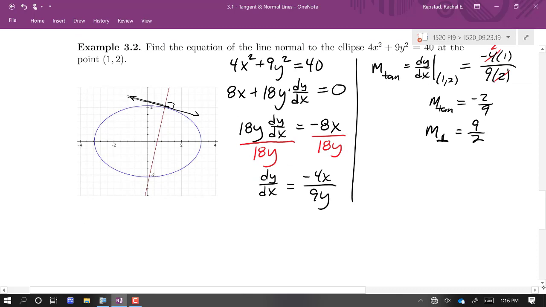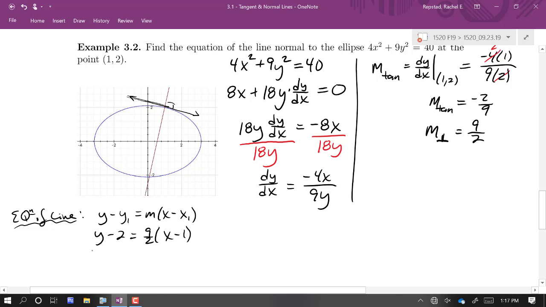They gave us the point, and that means we're pretty much ready to get the equation of the line. So I start with my point-slope formula. y minus 2 is equal to 9/2 times (x minus 1). You could leave it in this form, or we could get it in slope-intercept form.